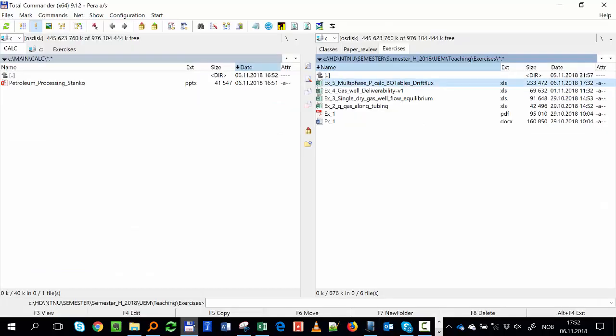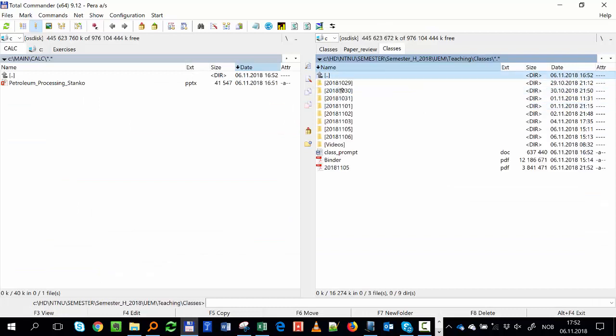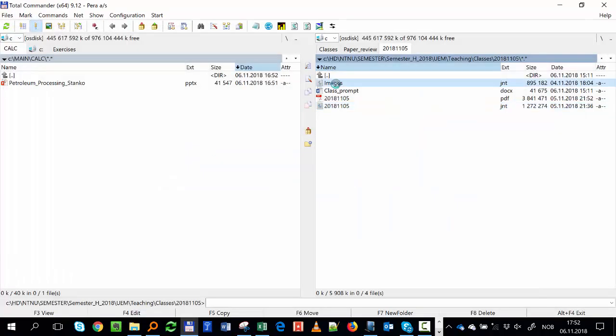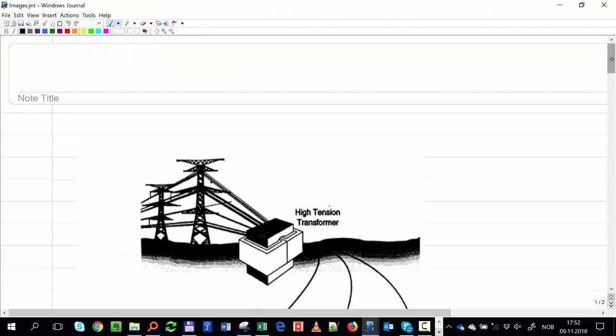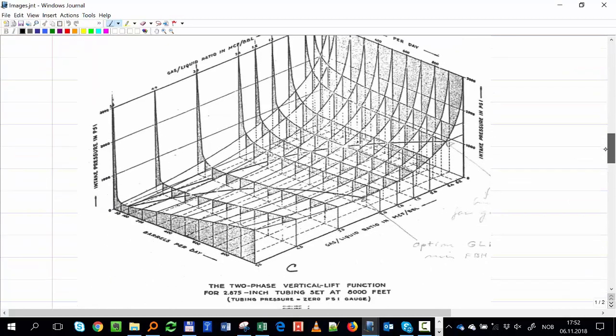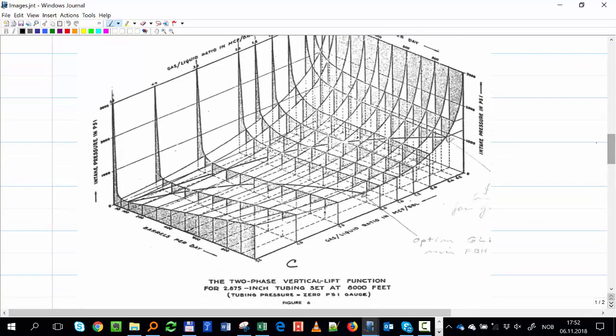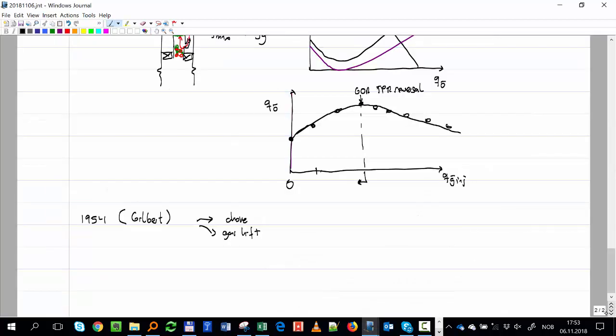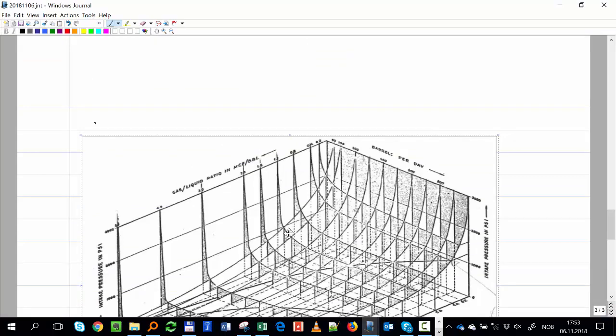It was a very big paper, with a lot of things. Imagine in that time, 1950, no Excel, nothing. He published this curve, which is amazing really, how these guys could make such things. It would be difficult even for us today to make that curve.